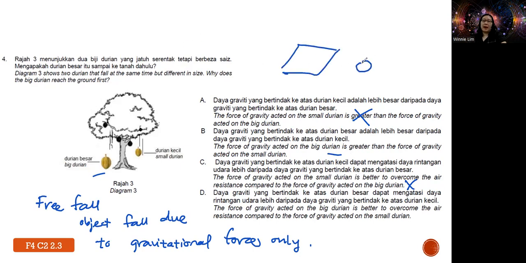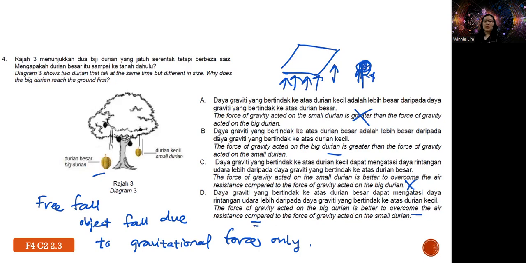So even though they may have the same weight, because of the surface area, the area covered is bigger, so they encounter greater air resistance, which is in the opposite direction to the weight. So that's why the bigger mass of durian, bigger in size as well, basically overcomes the air resistance better compared to the small one.